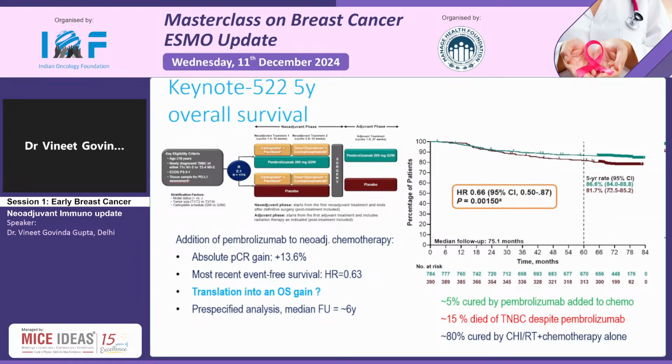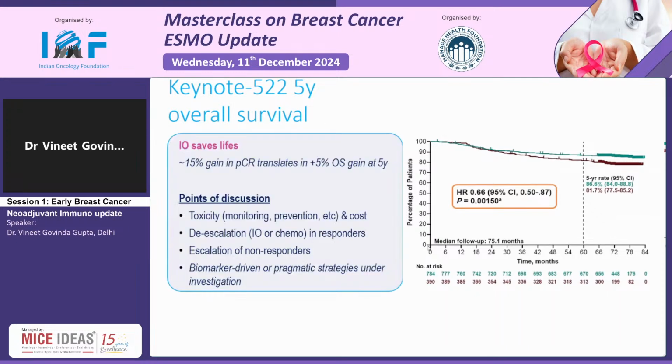It indicates that you are improving the 5-year cure rate by roughly 5% by adding pembrolizumab, although 15% of patients still die even though you have given pembrolizumab, so there is still a way forward. Overall, there is a survival benefit in the study, and it is there in all the subgroups, indicating that it is a valid choice for your patients.